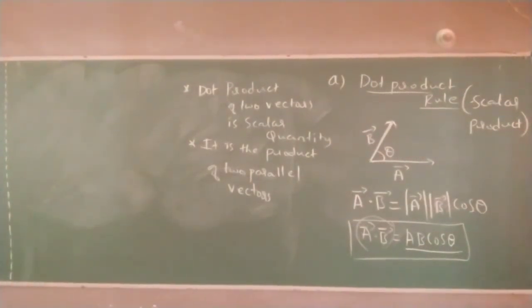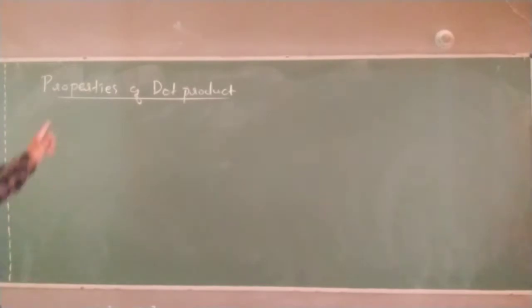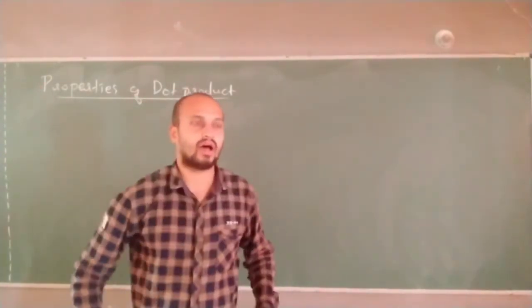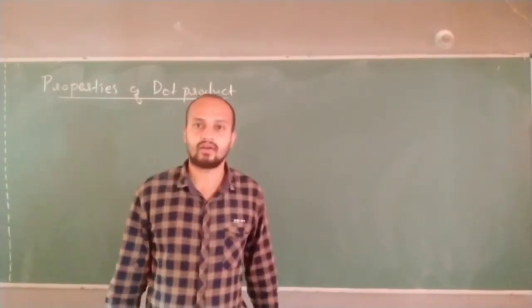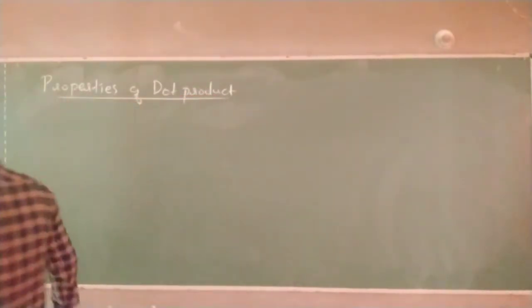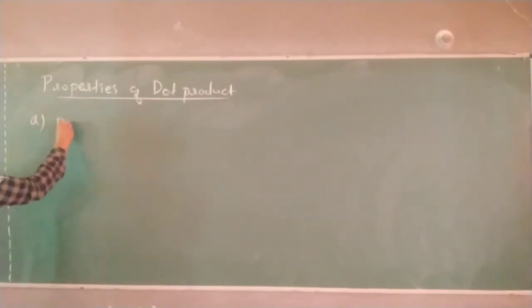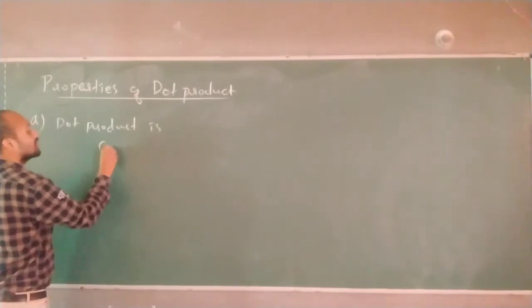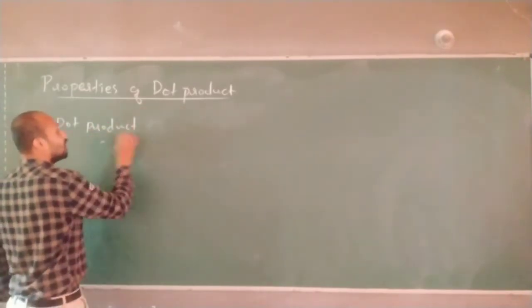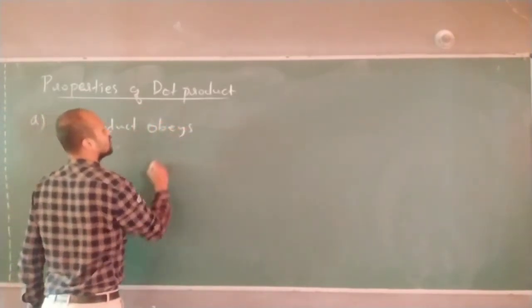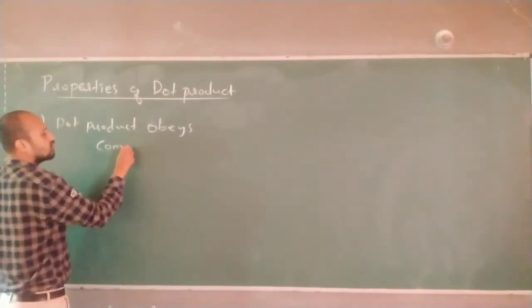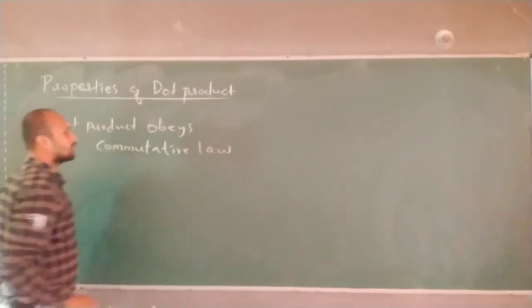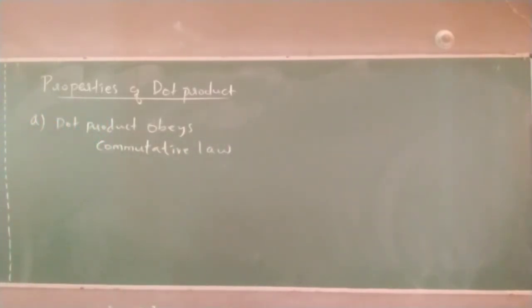Let us learn about the properties. Some of the properties of dot product are very important for solving arithmetic operations. First, a very important property: dot product obeys the commutative law. What is that commutative law?